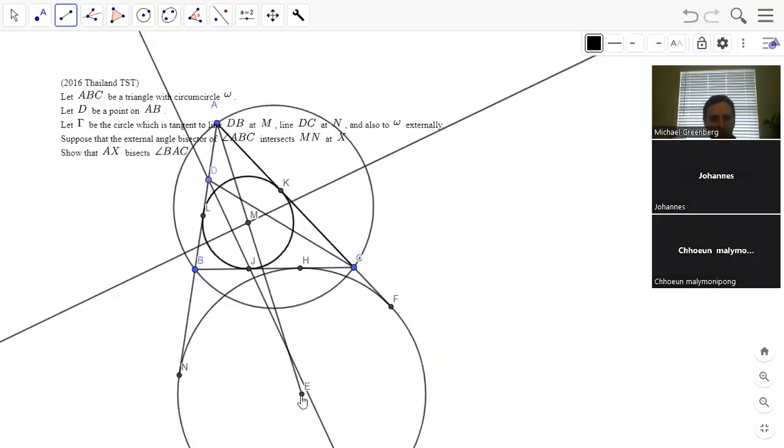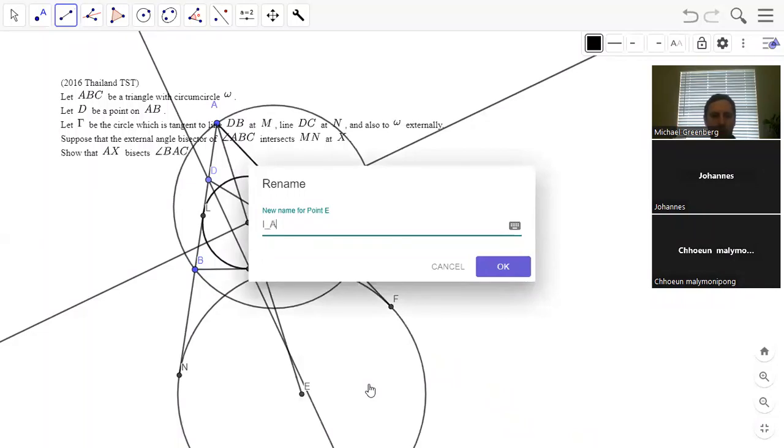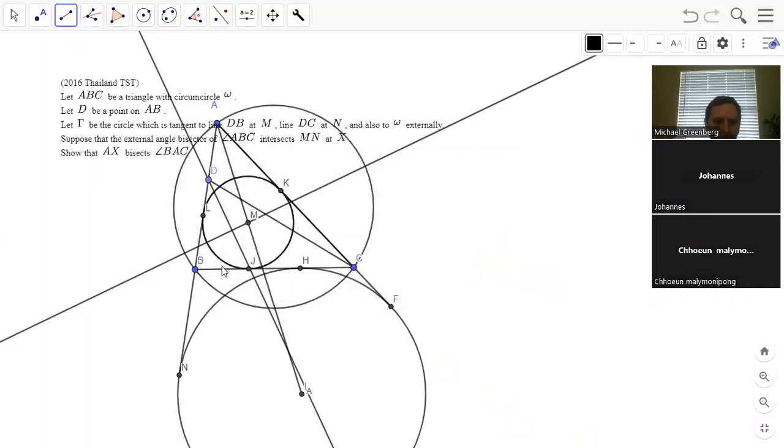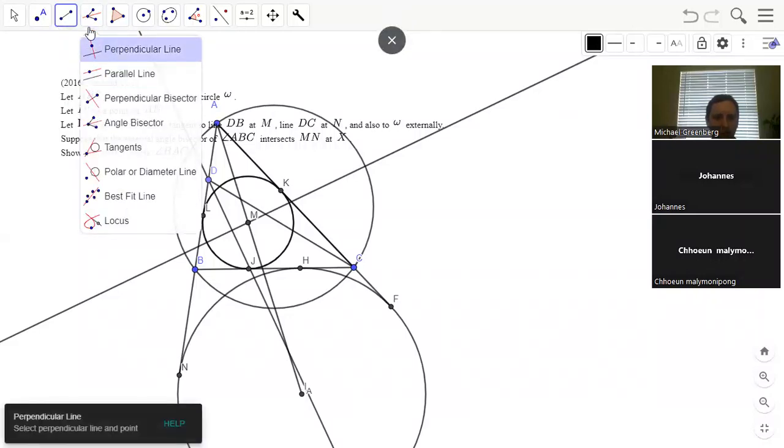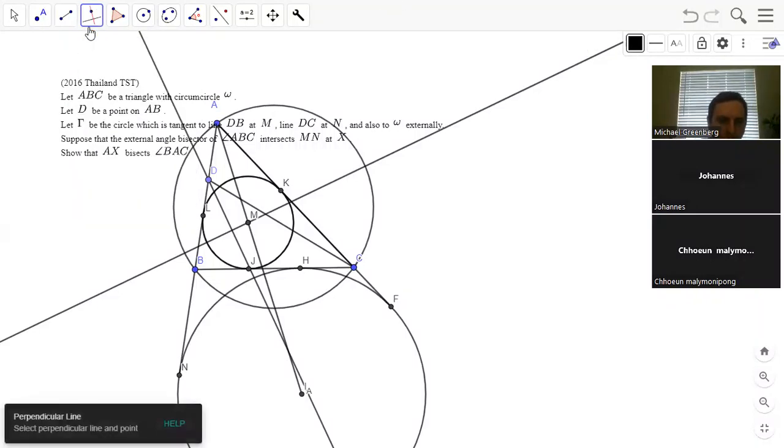And I take the perpendicular from this point to this line. Wait, I forgot what it did. Like the perpendicular to line D, or the bisector of BDC.